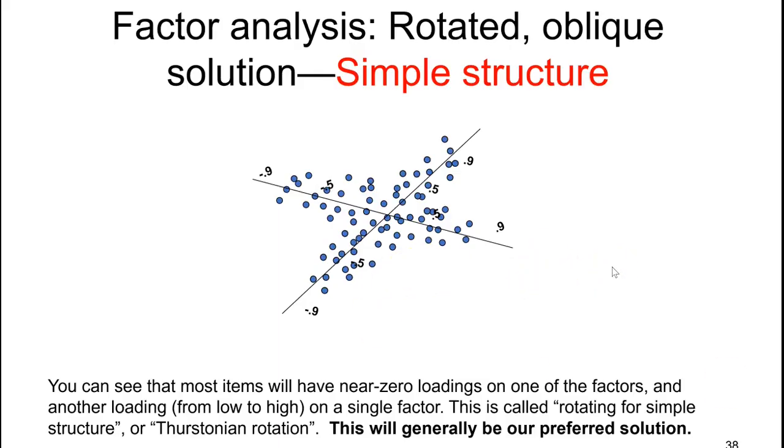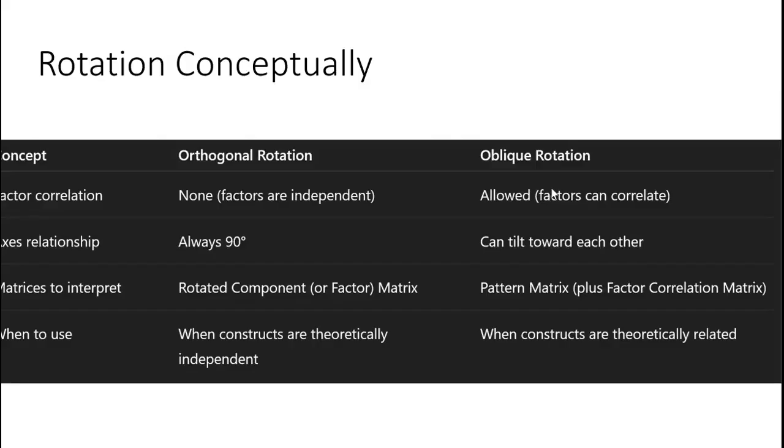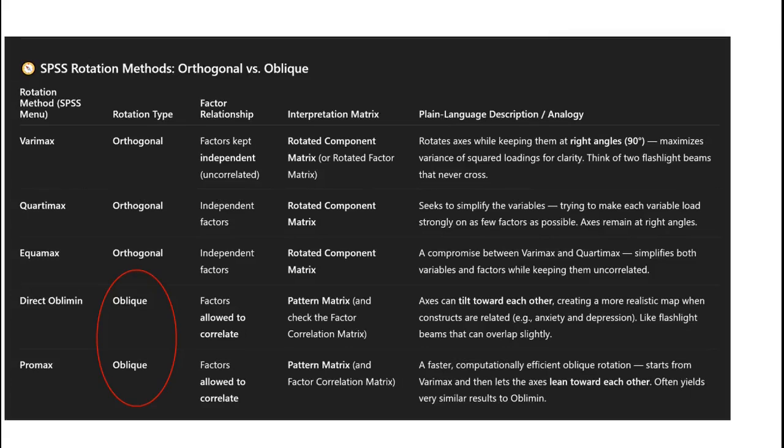So this is a nice representation of what simple structure is, and I'm not going to say any more about it because you can return to the slide. I will show you this though, because SPSS does not make this easy. R does make it easy to really explicitly tell the machinery which kind of rotation you want.